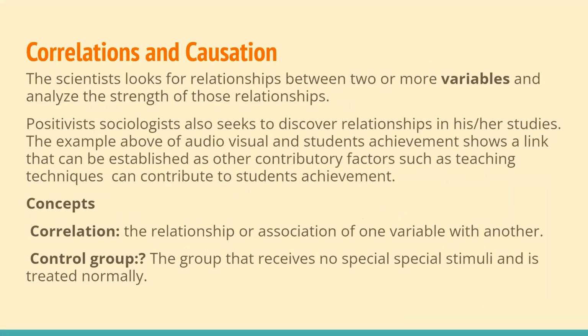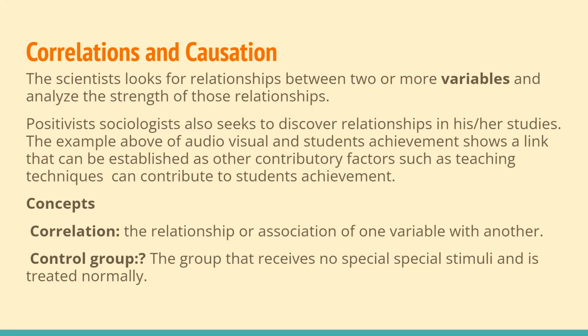Once you finish doing that exercise, we will now move on to correlation and causation. Now, the scientist looks for relationships between two or more variables and analyzes the strength of those relationships. Positivist sociologists also seek to discover relationships in their studies.